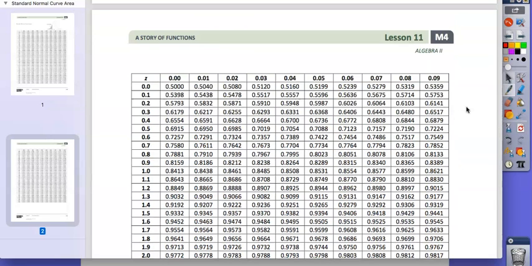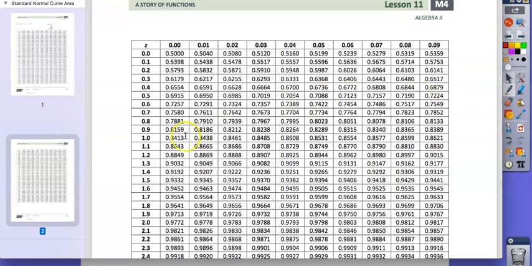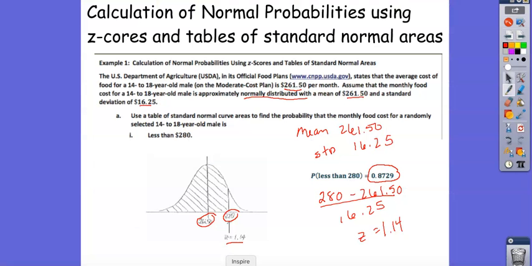There's 1.1 right there, and I go over to 1.14, and there it is, 0.8729. That's how I got that 0.8729 with the table. And remember, the table is the area of everything to the left.